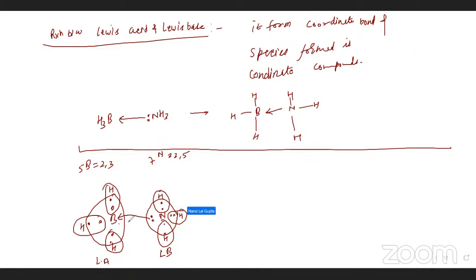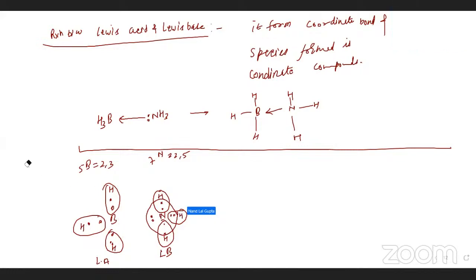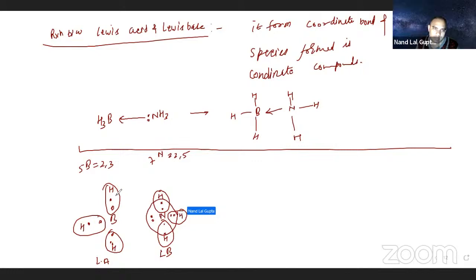Are you getting this? Any species has to complete its octet, yes or no? So you see it will be like that. This lone pair of electrons belongs to the NH3 only, and it is being donated.